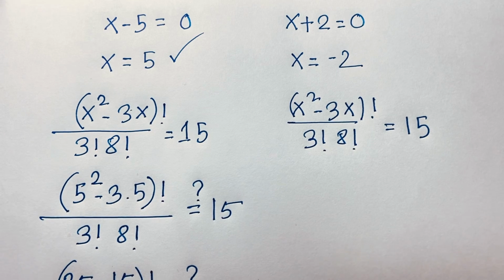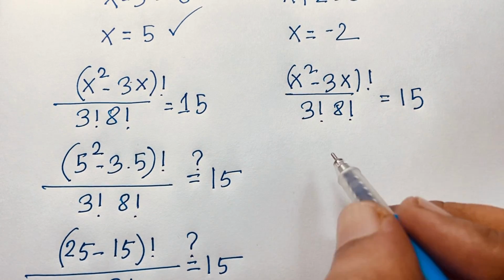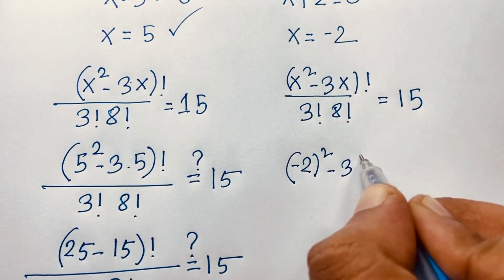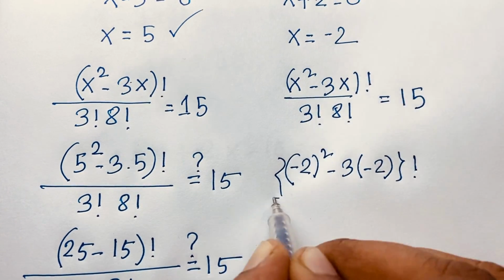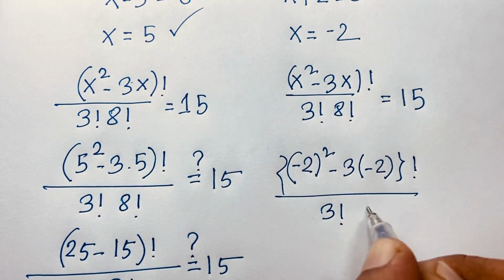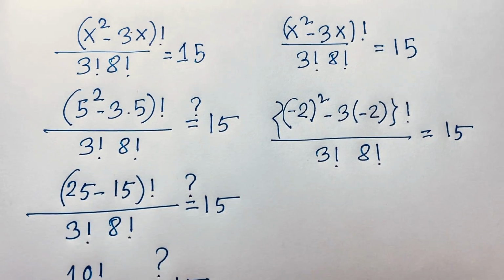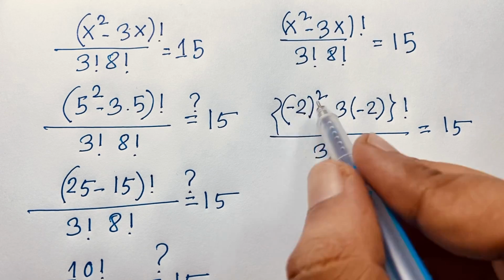But the other value is x is equal to negative 2. So if I put this value in this expression, it will be ((-2)² - 3 times -2)! over 3! and 8! is equal to 15. Now you can see minus 2, the power is an even number, so it will always be positive.